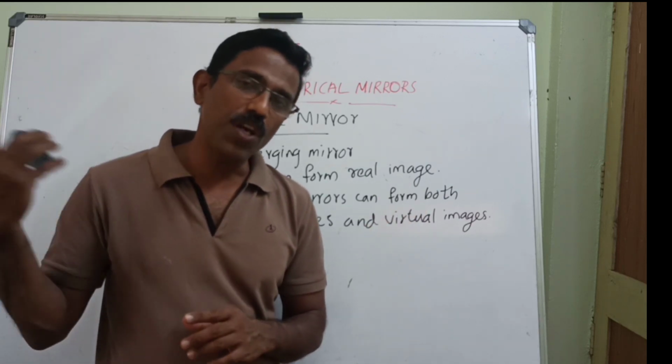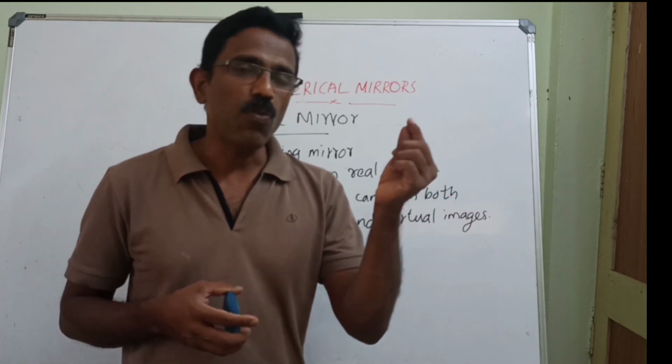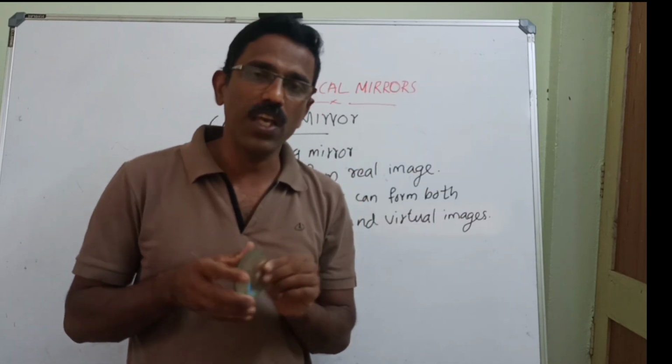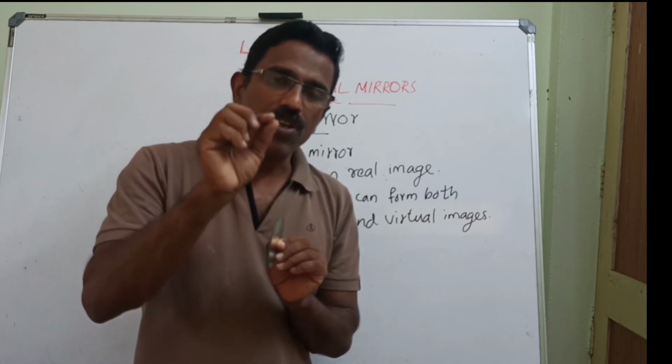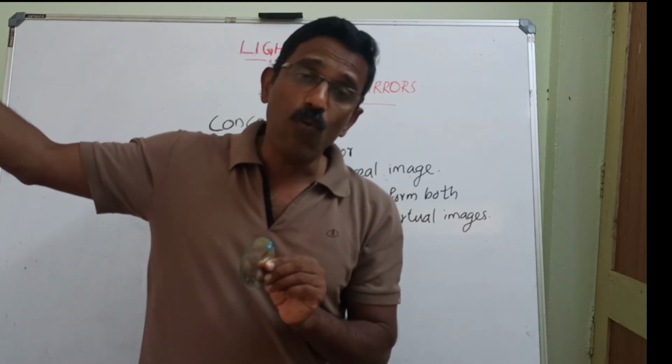When the object is very far away, we will get a real image, very small in size and inverted, by using a concave mirror. A concave mirror can form a real and very small image if the object is very far away. You can see image formation by a concave mirror when the object is very far away.